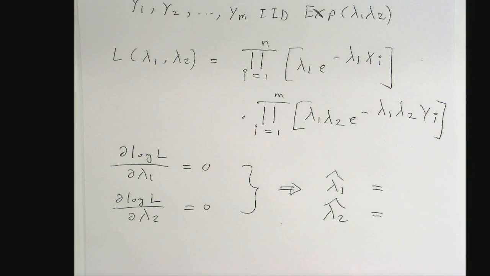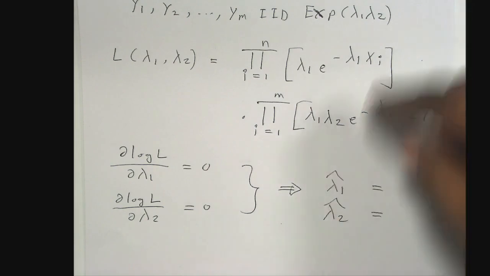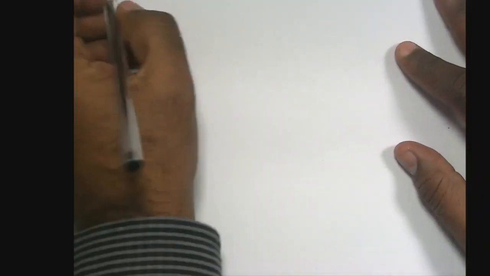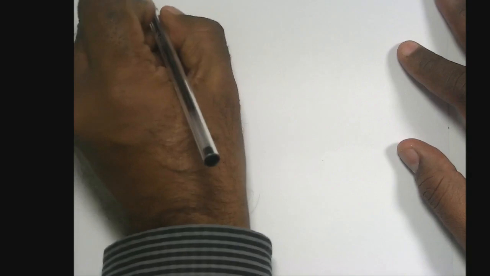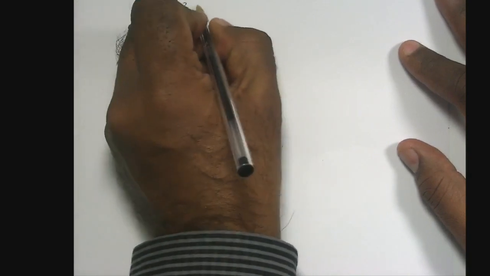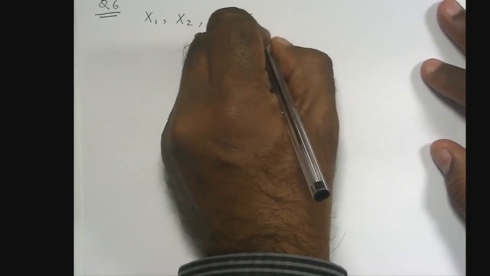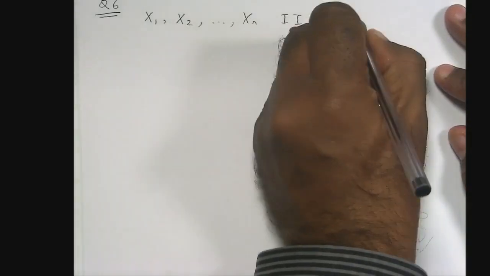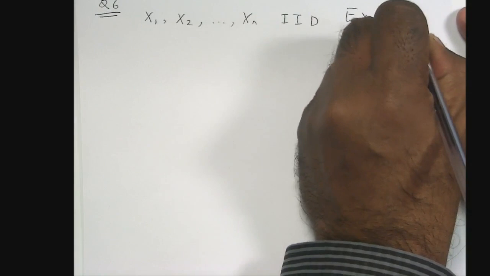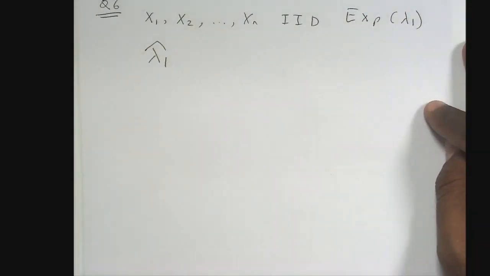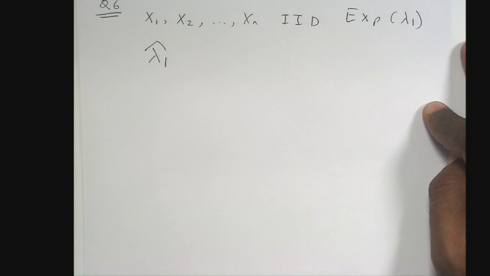The shorter way to do the same question is, instead of taking this long approach, guys, what you do is the following. We know that x1, x2, and so on are IID exponential with parameter lambda 1, which implies, if you look back in the notes, we did the MLE for the exponential two or three weeks ago.